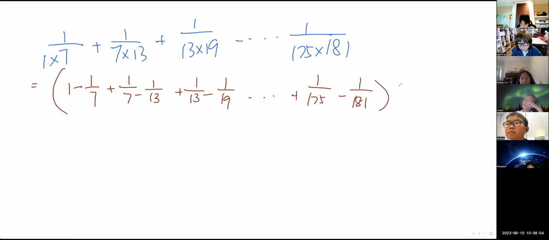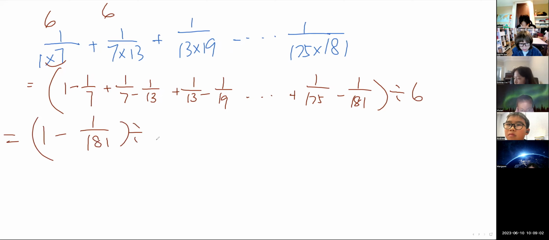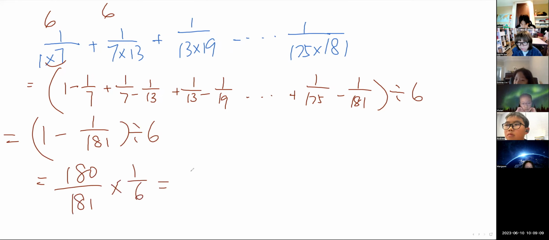But we need to what? Divide it by what? If you see their difference is always 6, so divided by 6 is 1 minus 1 over 181 divided by 6 equals 180 over 181 times 1 over 6, so equals 30 over 181.